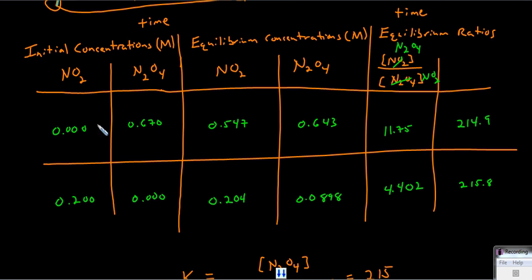Having some data supplied, we see that the concentration of N2O4 over NO2 in two of these case studies gives different ratios here. Even though in both cases there's more N2O4 than NO2, our ratio of product to reactant is greater than 1. That's not a constant, but it is possible to have constant values for a certain ratio.